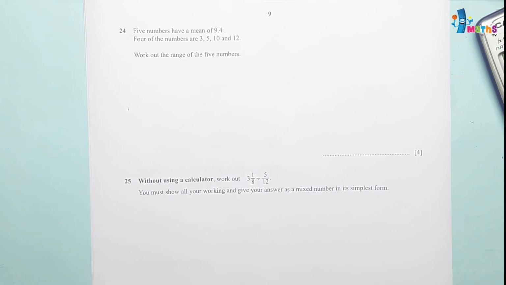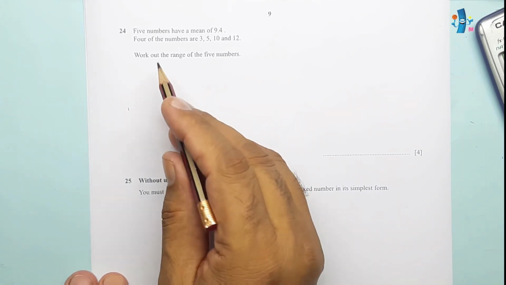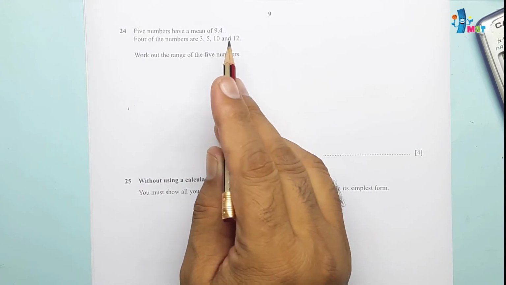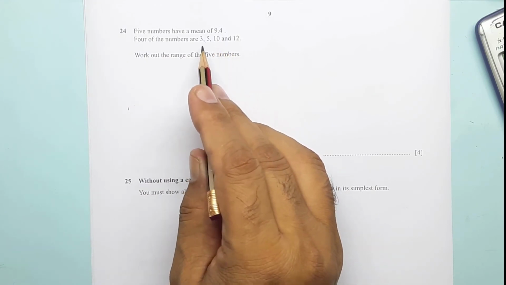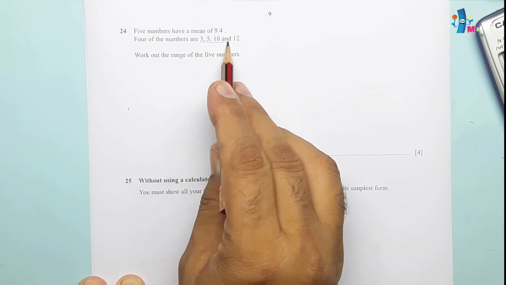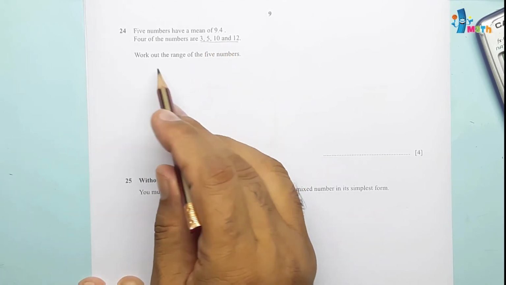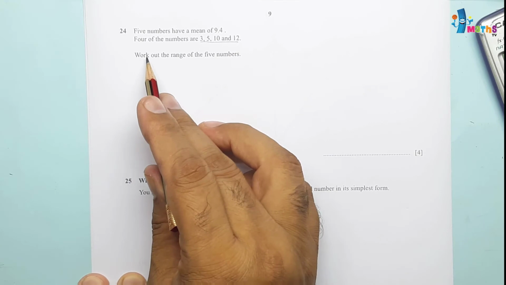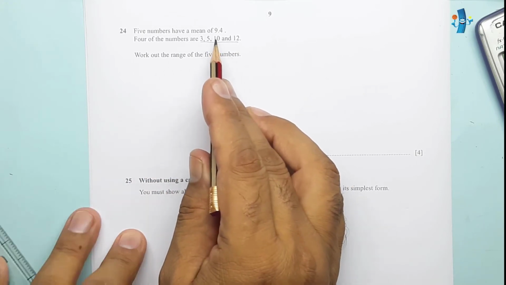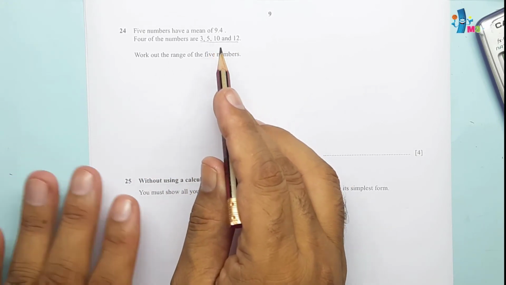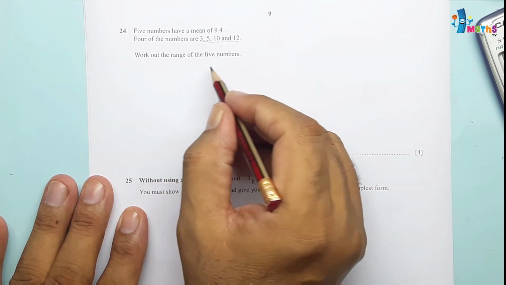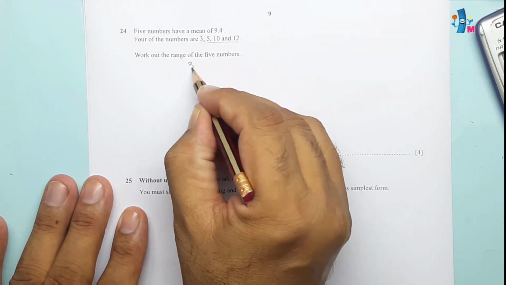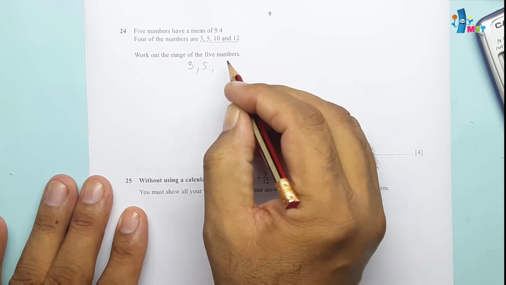Question number 24. 5 numbers have a mean of 9.4. 4 of the numbers they have provided us, 3, 5, 10 and 12, and they are asking us to work out the range. First we have to find the fifth number, and to find the fifth number, let us suppose that the fifth number is x.